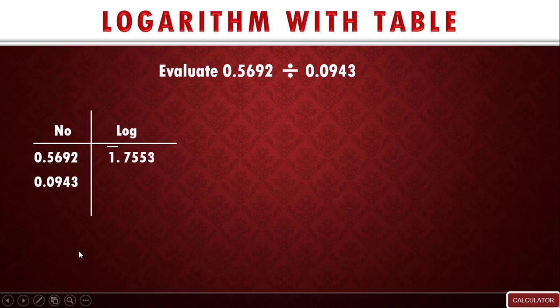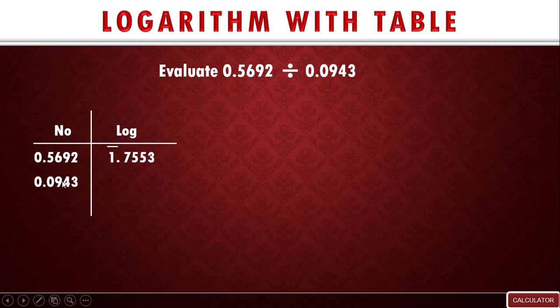Okay, the next thing for us to do now is to determine the characteristic of this one. To determine it, we get our reference position. Our reference position will be immediately after the first non-zero in this number. The first non-zero is this 9. So that means our reference position will be after the 9, in between 9 and 4.